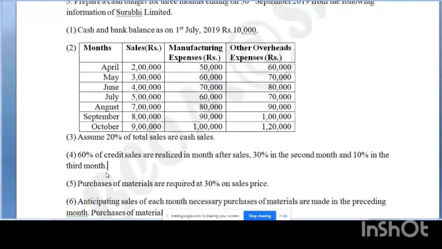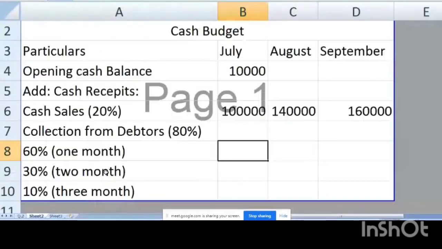And how do we calculate our figure? 4 lakh into 80% into 60%. Why 80%? Because 80% is credit. Why 60%?